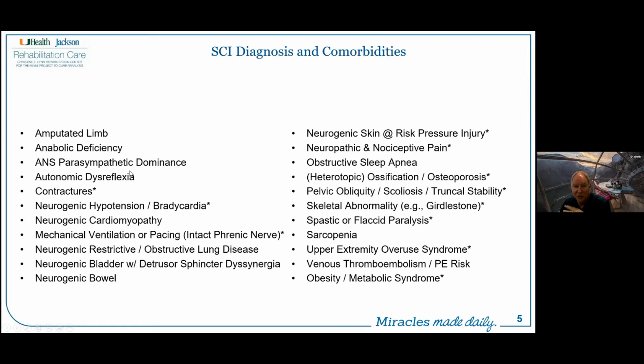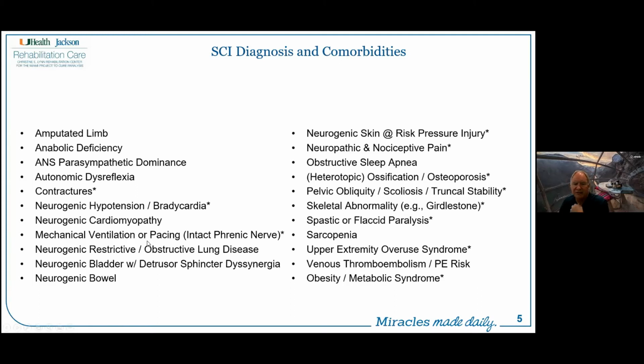Typically, we've talked through these, but the ones that I want to pay attention to today are the ones that I have asterisk. So contractures are going to limit our seating and the systems that we'll be able to use. Those folks who have neurogenic hypotension, bradycardia, and or edema are going to need a special compensation for those to be able to get them, for example, into a Trendelenburg position.